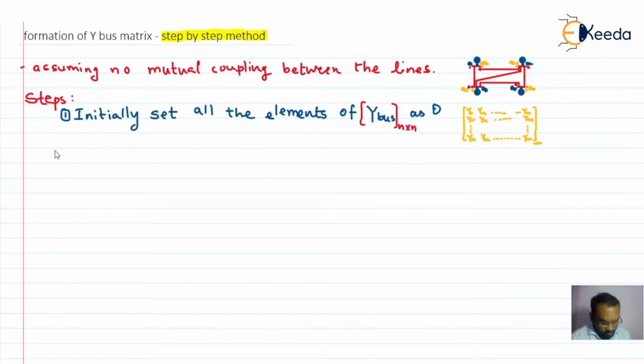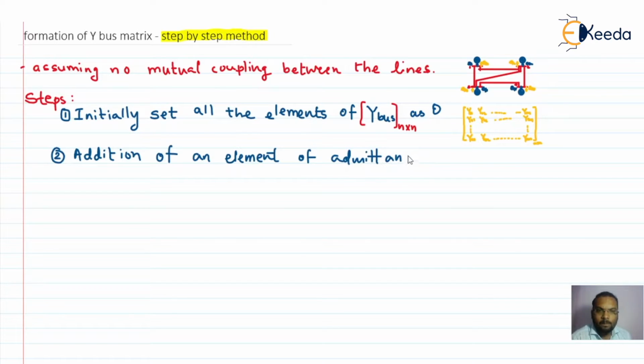Now, the second step: addition of an element of admittance y between the ith and jth bus.